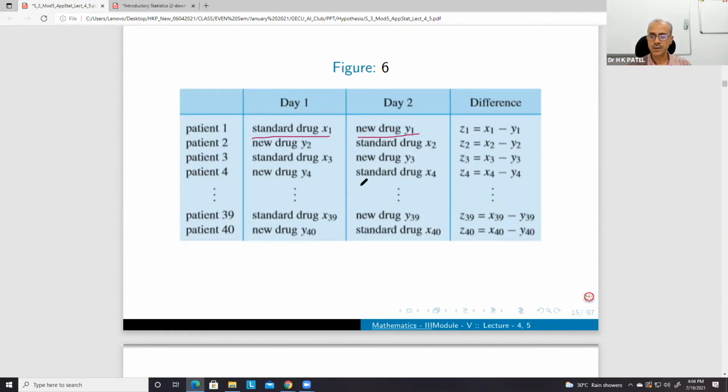So we have observations x1, x2, x3, x4, up to x40, and similarly values y1, y2, y3, up to y40. This is the same sample, and we are applying two drugs alternately, and we get two samples.